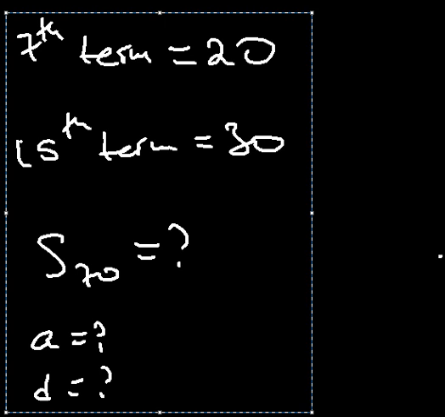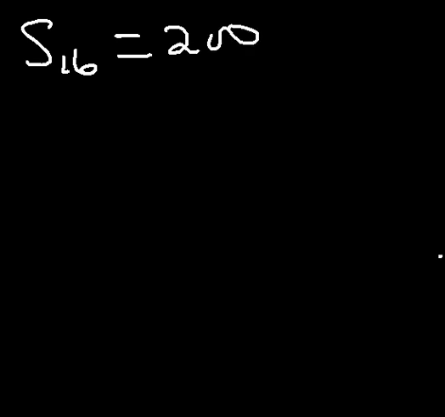And what if we have this case? Let's say show that the sum of 16 terms of an arithmetic progression series is equal to, let's say, 200, and let's say the sum of 50 terms is, let's say, about 360.